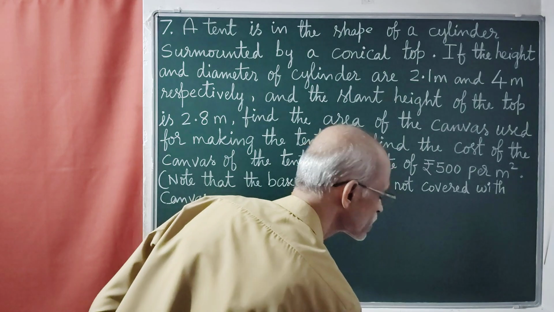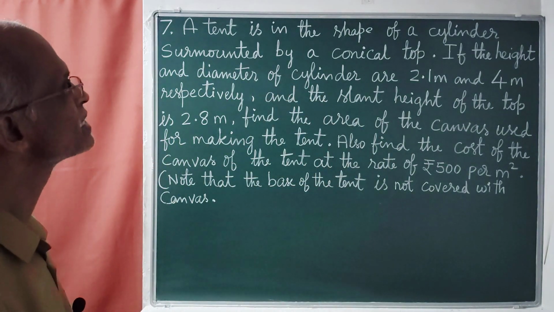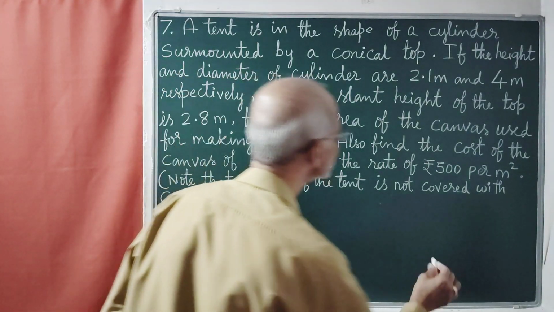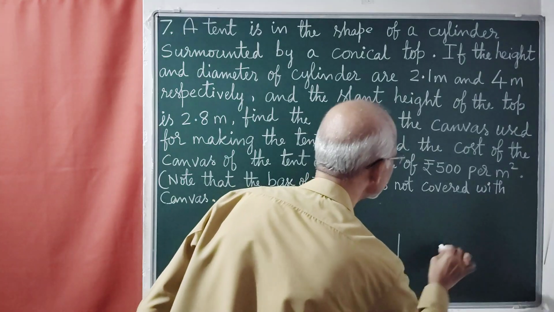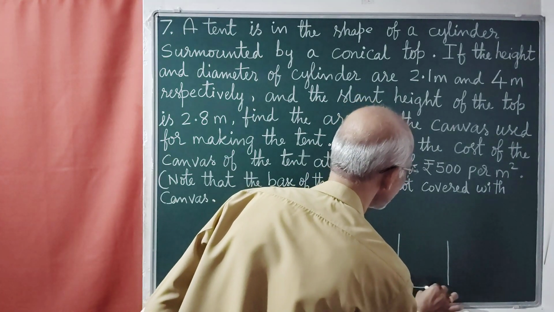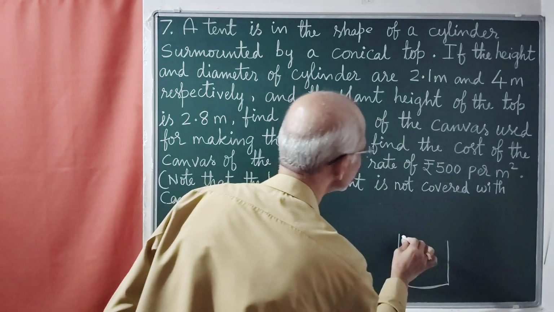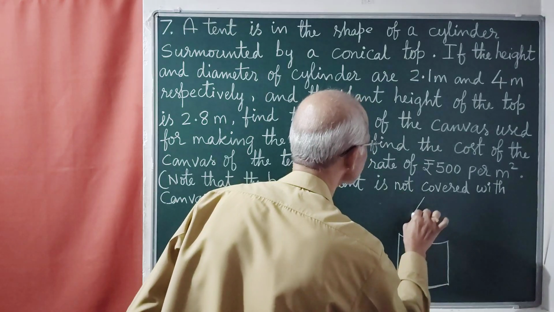So here the tent is in the shape of a cylinder surmounted by a cone. The tent is in the form of a cylinder. It is surmounted by a cone like this.